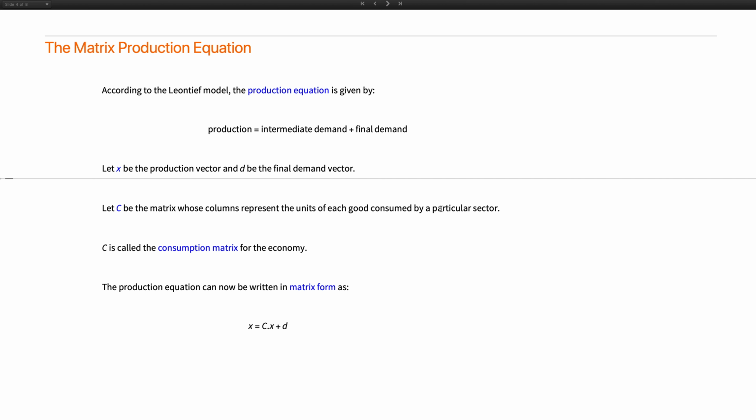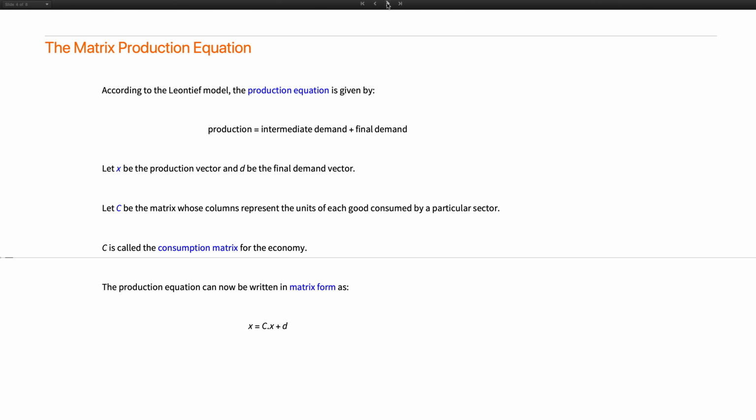Recall that each producing sector will itself consume some goods and services, so this matrix C is called the consumption matrix for the economy. The equation can now be written simply as X, the production vector, equals C times X, the consumption matrix times the production, plus D, the final demand. So that's the matrix Leontief input-output model.